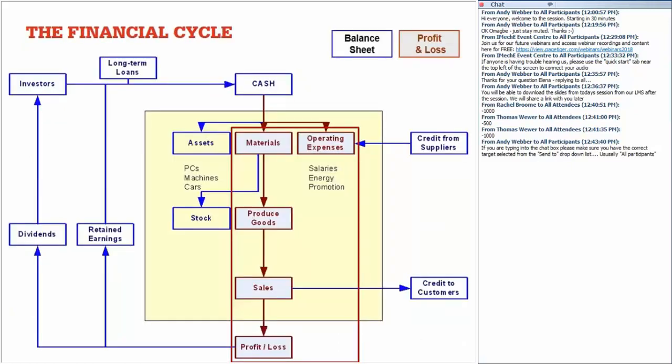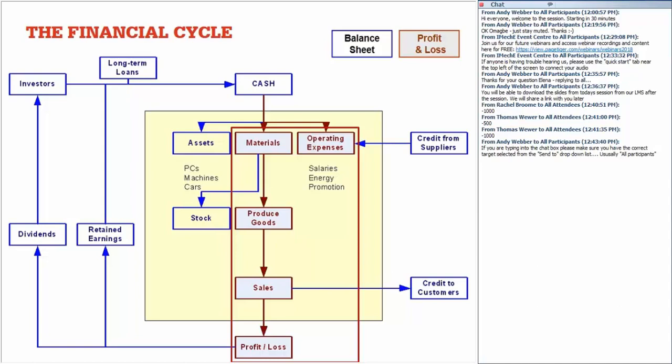Okay, so this is the financial cycle. What we just looked at with CVP is essentially the profit and loss account, the income statement. Now I want to show you how money flows through a business. I think I can paint on the screen here.